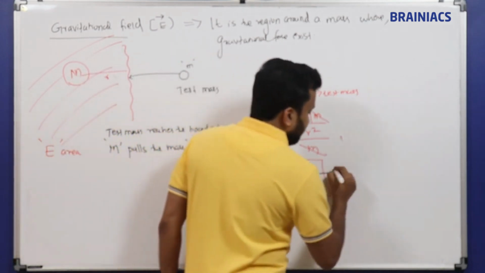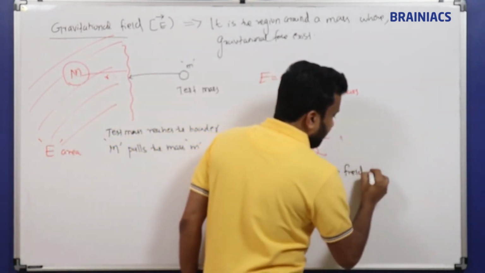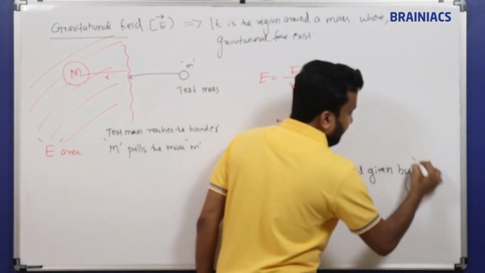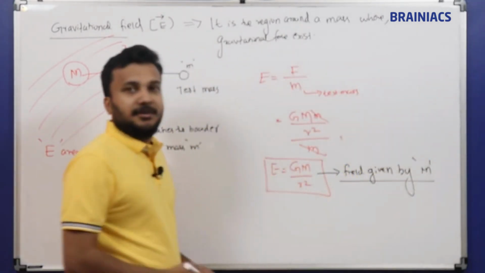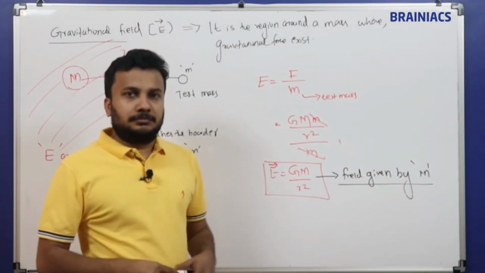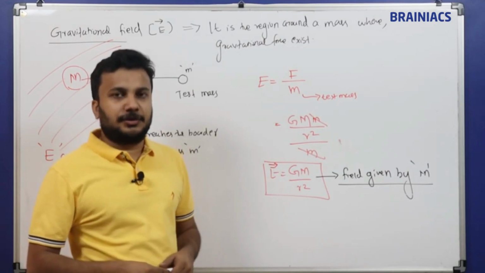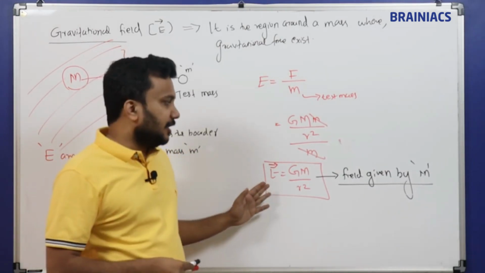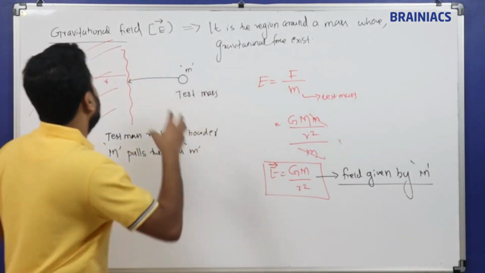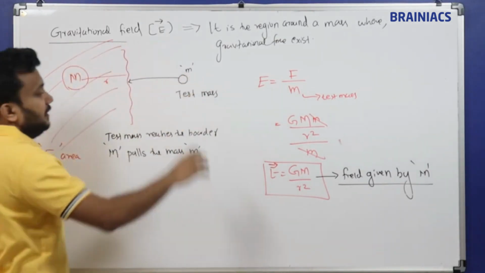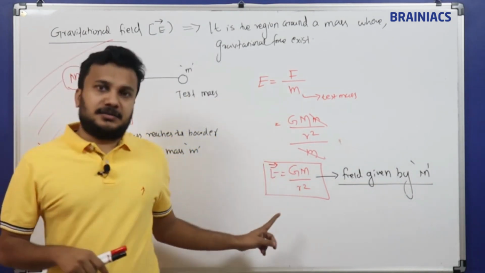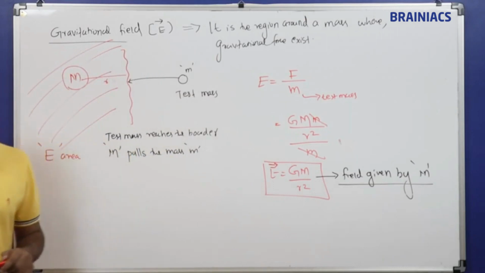And this is a field given by capital M. So we got the formula for gravitational field intensity: E is equal to GM divided by r square. So hope this is clear.